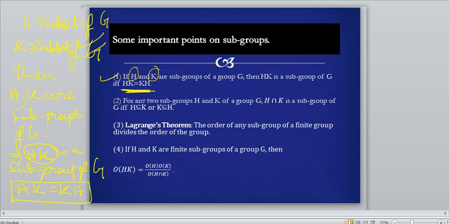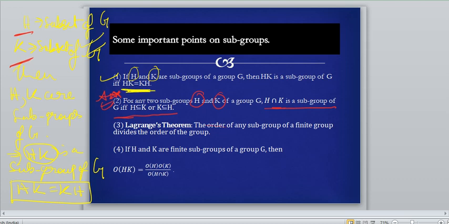Moving on to our next point. It says for any two subgroups H and K of G, H intersection K is a subgroup of G if and only if H is a subset of K or K is a subset of H. Now, a very vital point, you might want to mark this as important.